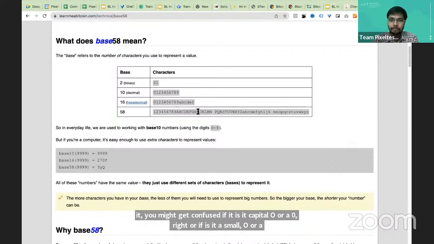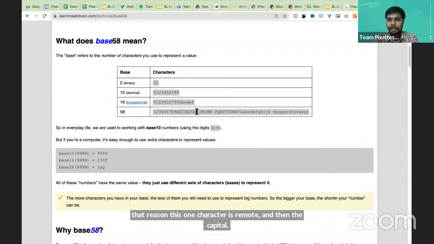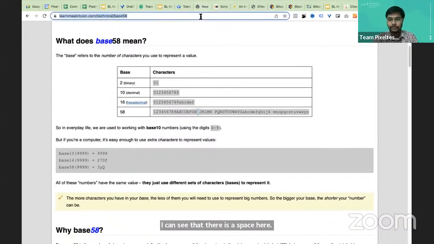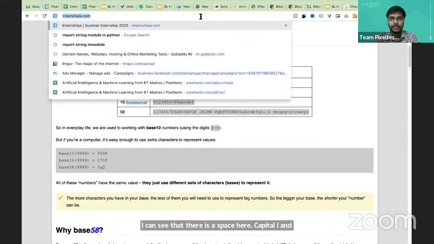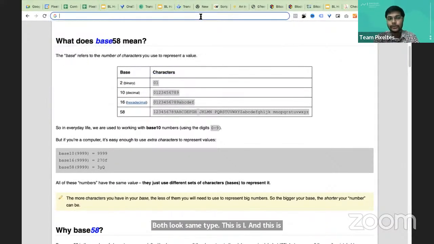For that reason, this character is removed, and then the capital I. You can see that there is a space here. Capital I and the small case l both look the same. Like this is I and this is small l, so both look the same.